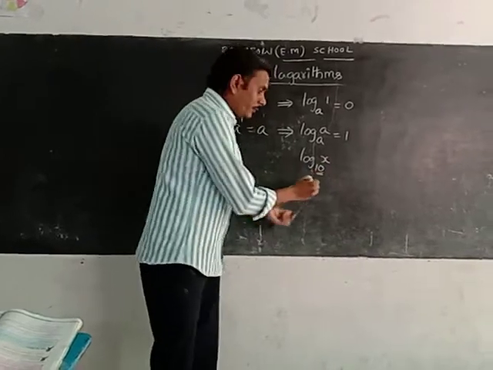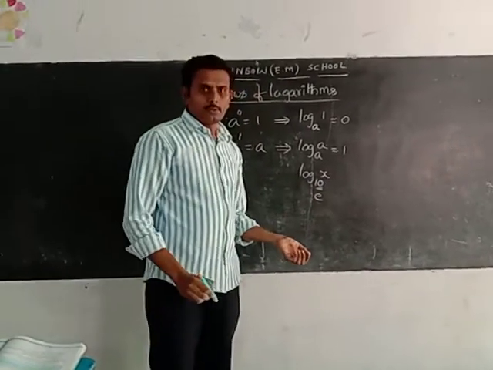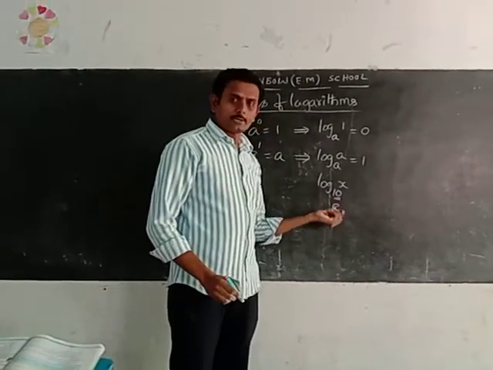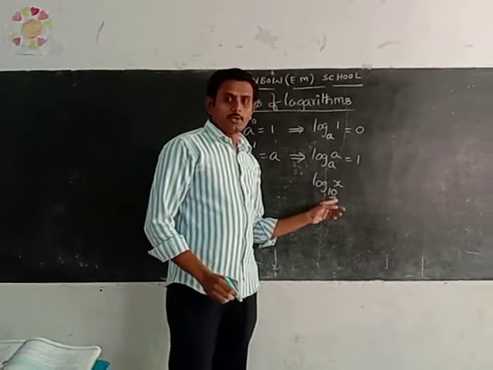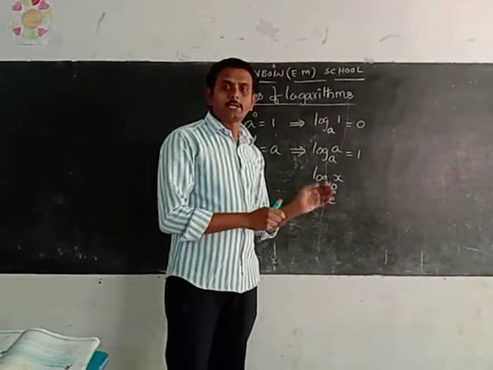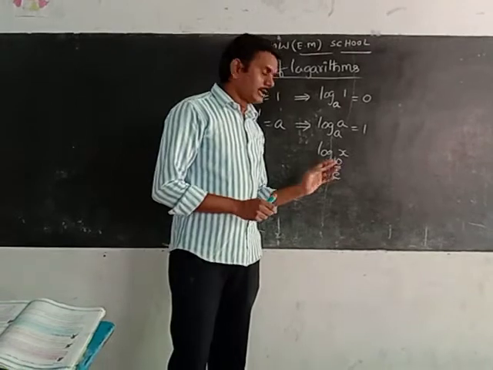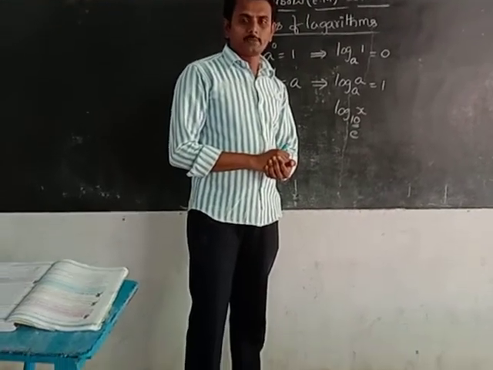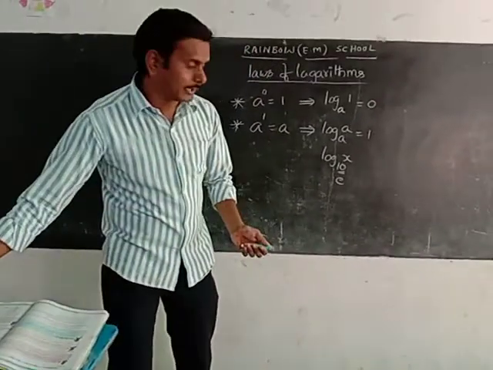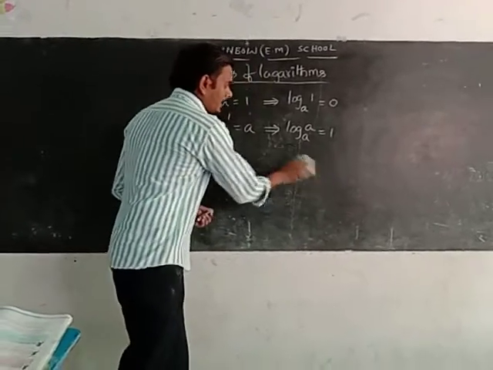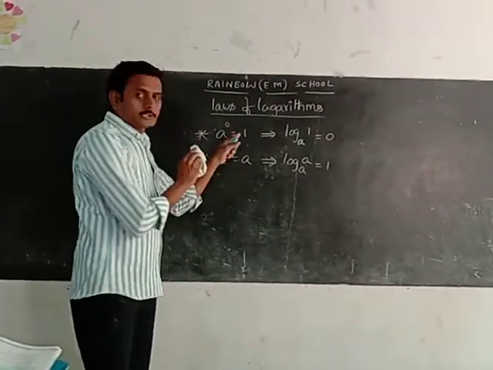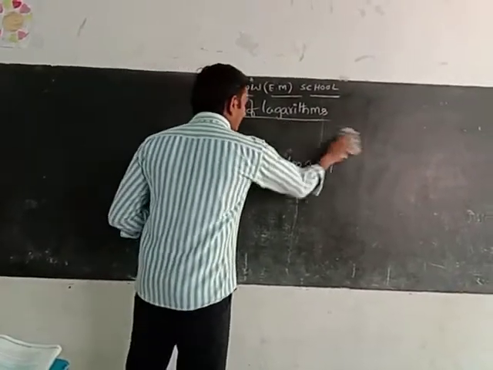Instead of 10, sometimes we may use e also, but that is not in our 10th class. Only base 10 we do. Whenever the base is not there, it is taken as 10, and 10 is called the common base of the logarithm. Now, next, another one. Two laws are here. One more law we can add.